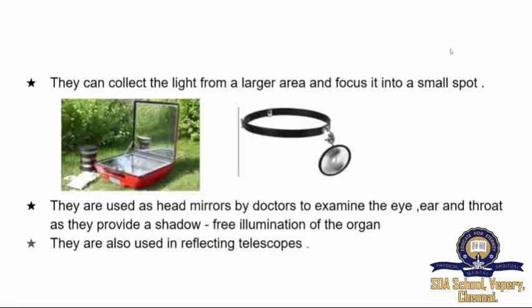They can collect the light from a larger area and focus it into a small spot. They are also used as head mirrors by doctors to examine the eye, ear, and throat, as they provide a shadow-free illumination on the organ. They are also used in reflecting telescopes.